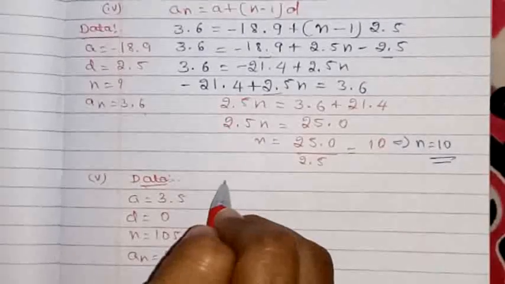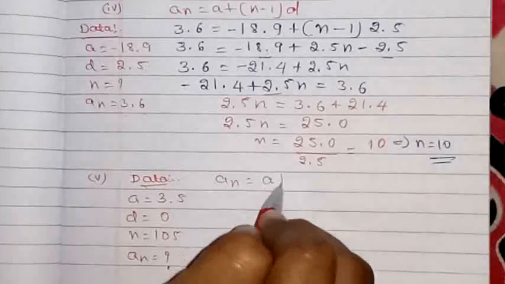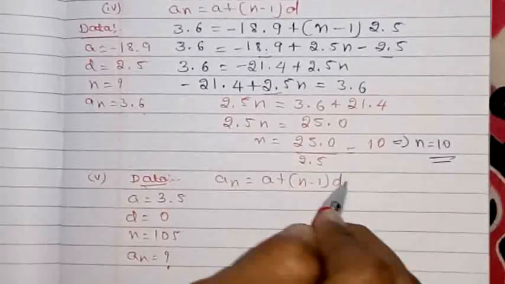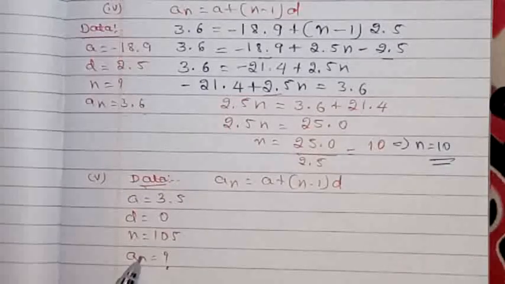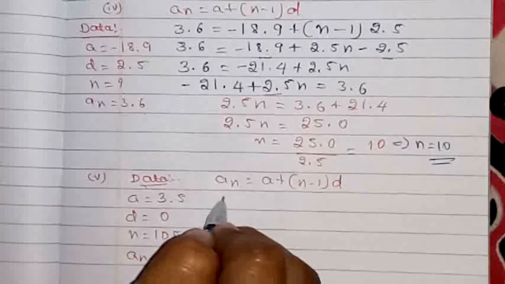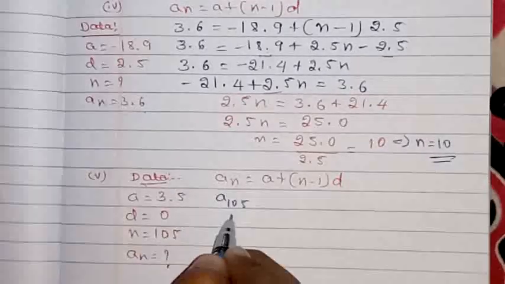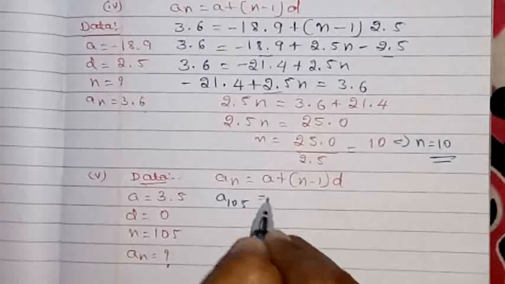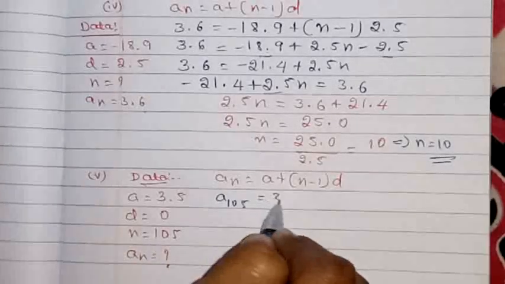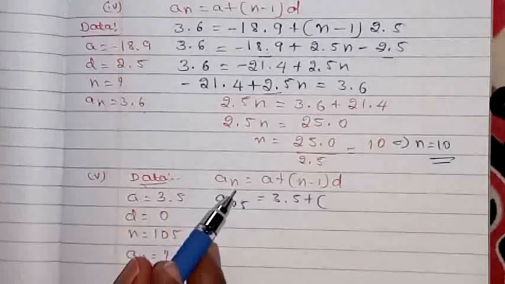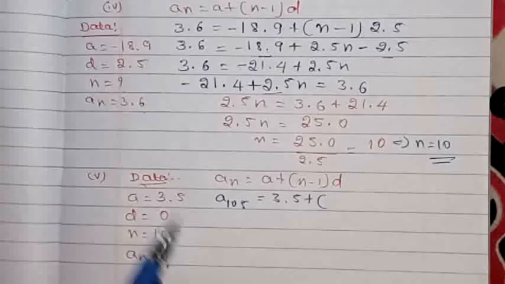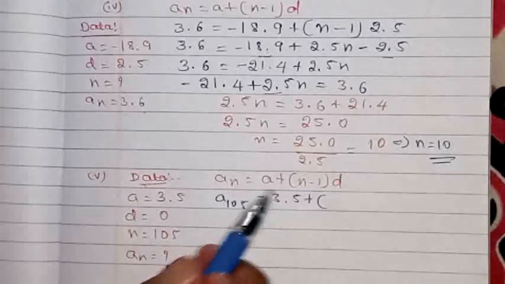Okay, what is the formula? Formula is again an is equals to a plus n minus 1 into d. This is the formula to find the nth term of an AP, right? Now here nth term is 105, so therefore you need to find the a105 term, right? So therefore I'll write a105, because nth term is how much? 105 is equals to, now a is how much? 3.5 plus, here again I'm saying, you are having a formula, you are having a value, just you are applying these values to the formula.